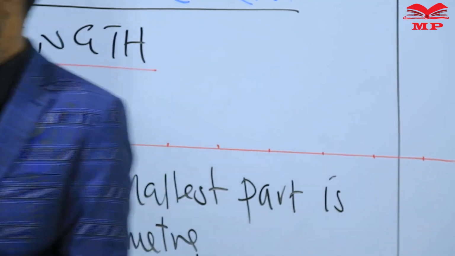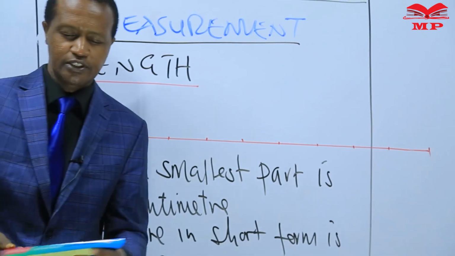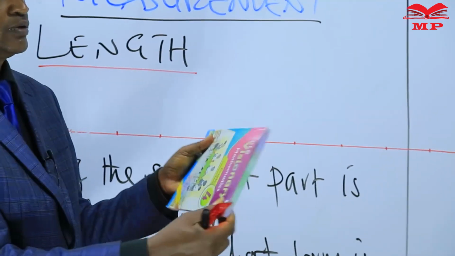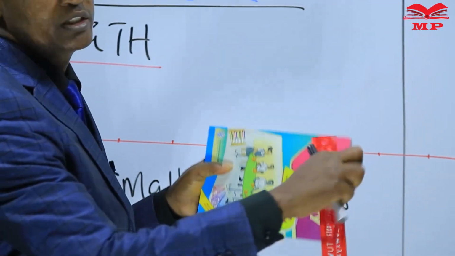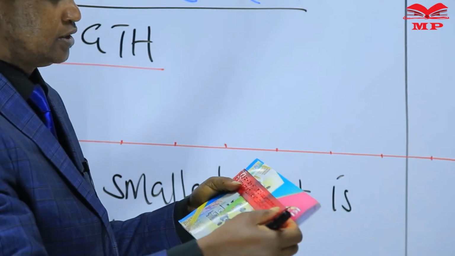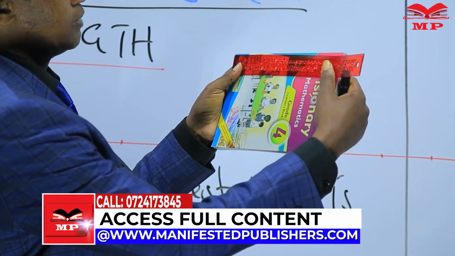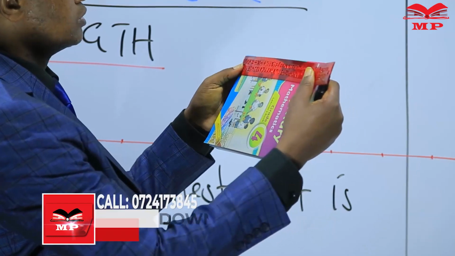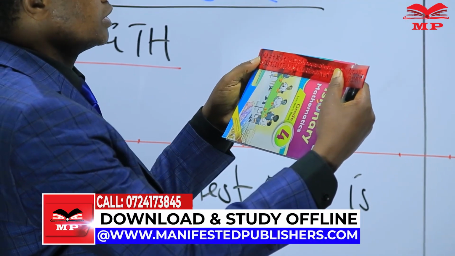I can also use the ruler to measure the length of the learner's book. I can measure the length from this point to this point using the 30 centimeter ruler, putting the end of the ruler on one side of the book at 0 centimeters.